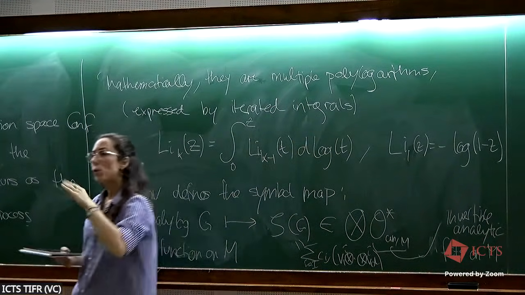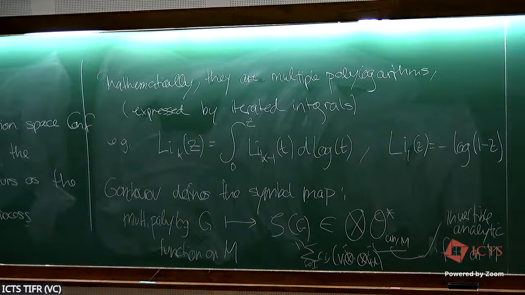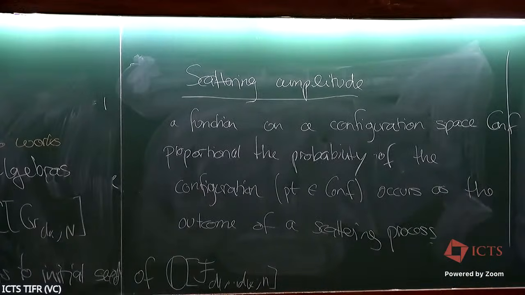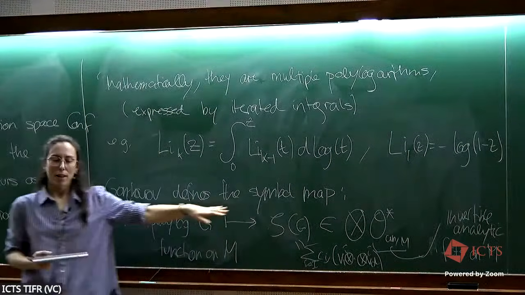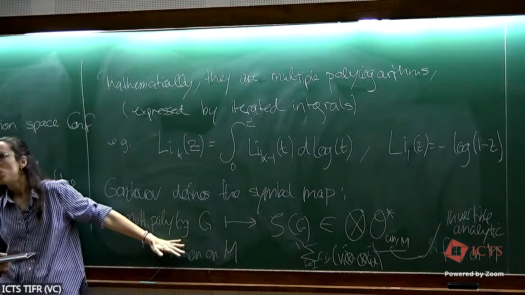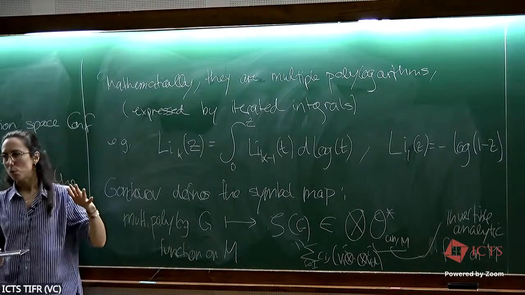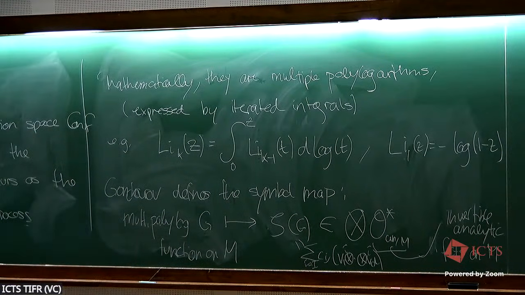It's highly non-trivial. But still, there is a bootstrap program that showed in several cases that if you know enough about the symbol, there is a unique function with this symbol in your space. So it is therefore very interesting to understand what are the symbols of scattering amplitudes.